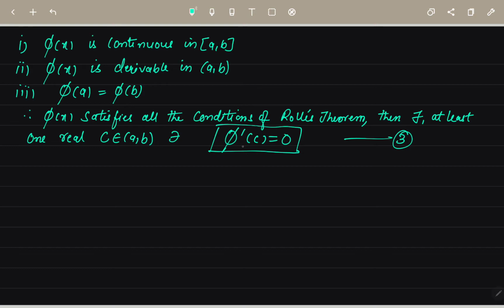Now I will differentiate phi of x, the function given in equation 1, with respect to x, and from there I will find the value of the constant a.